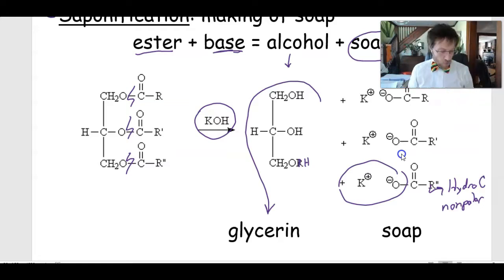What you're doing is you're working this part. This non-polar hydrocarbon is going to wiggle into all the little dirt and crevices, the nooks and crannies of every part of your hand, and it's going to basically attach to all of the non-polar grease and grime, right? And then this side here is going to attach to the water.